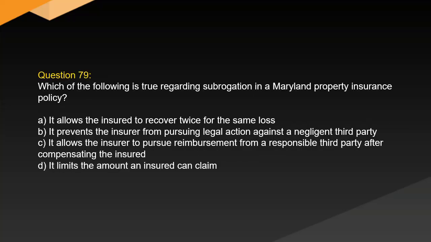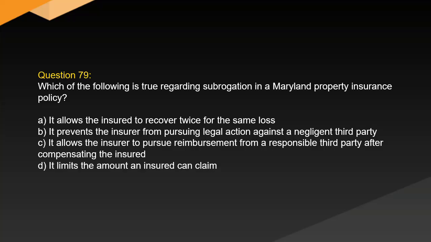Question 79. Which of the following is true regarding subrogation in a Maryland property insurance policy? A, it allows the insured to recover twice for the same loss. B, it prevents the insurer from pursuing legal action against a negligent third party. C, it allows the insurer to pursue reimbursement from a responsible third party after compensating the insured.